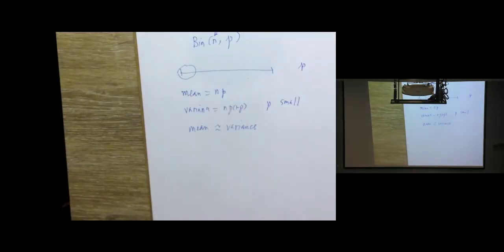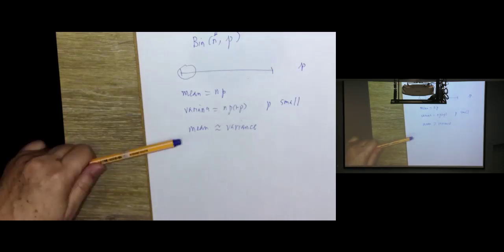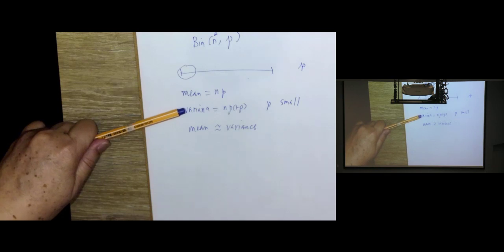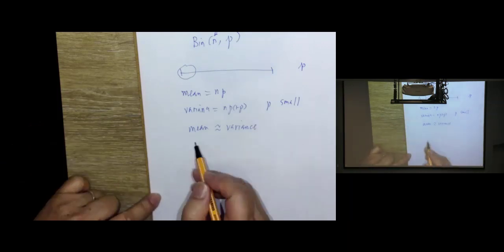Now, the Poisson is integer valued, also non-negative, and the Poisson enjoys the property that the mean is exactly equal to the variance. So when you ask yourself whether Poisson is a good approximation of the binomial, the question can be translated to asking whether the mean and the variance of the binomial are very close. All right. So if that is so, then you can do it.